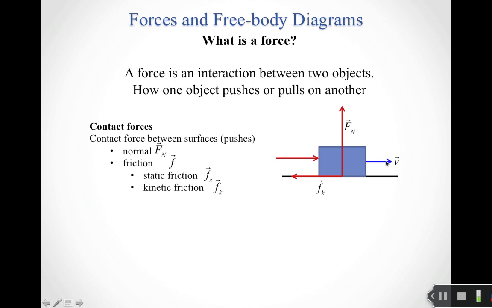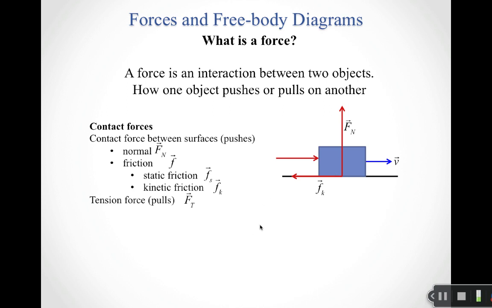Or if I push harder, then the box does start to move, and now I need kinetic friction. If I push hard enough so that the box moves off to the right, then kinetic friction will point back to the left. So all this, the normal and the friction force, are really just what's going on when I have contact between surfaces.